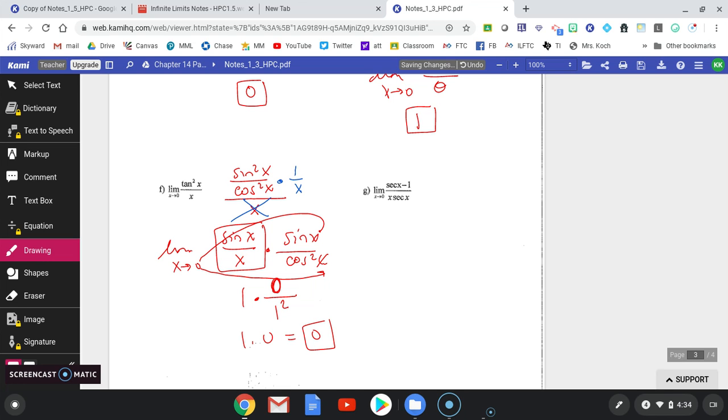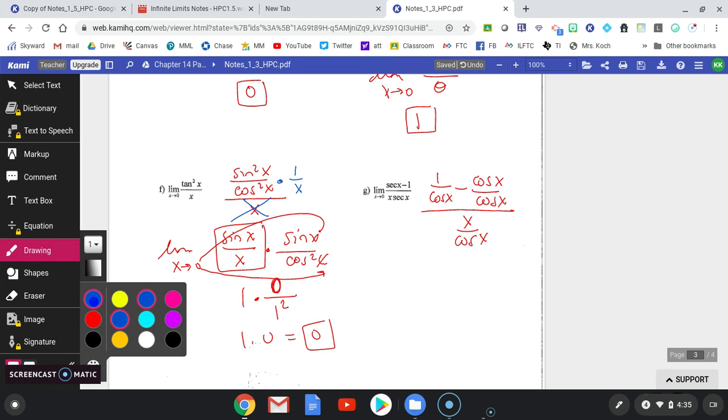Okay, we're getting there. I'm trying to rewrite this one. It's a lot like identities, blast from the past. We haven't done those in a couple of chapters. I'm going to get a common denominator here in that numerator, and you'll see that I'm dividing by a fraction. So if I switch up colors on you a little bit here, I can say instead, let's multiply by the reciprocal, which is cosine x over x.